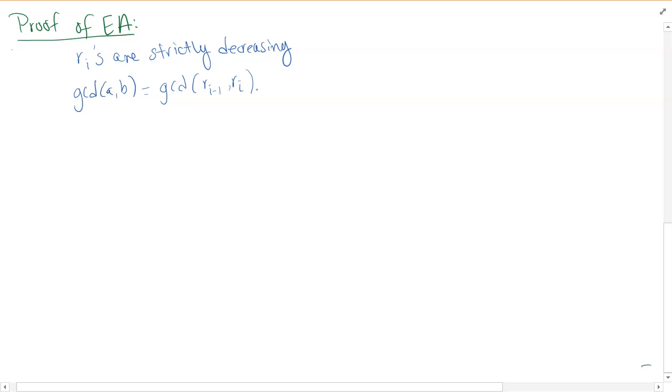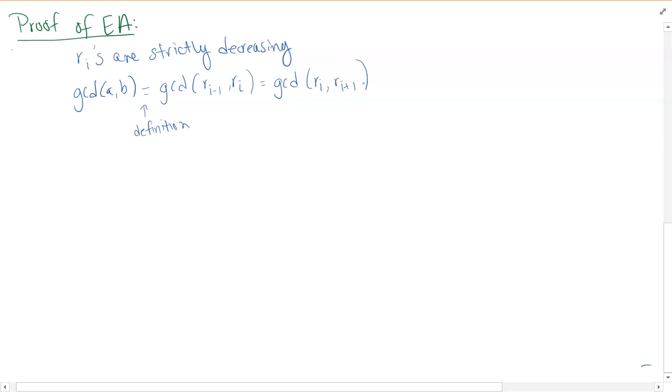That is just by definition. Then when we compute this, we can say that it is the GCD of R_i and R_{i+1}.